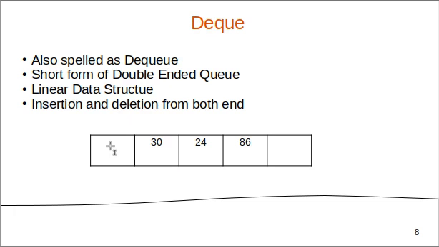So this is the front end, and this is the rear end. We can insert here or delete from here. Also we can insert here and delete from here. So this is the difference between queue and deque. Deque can operate with both of the ends.